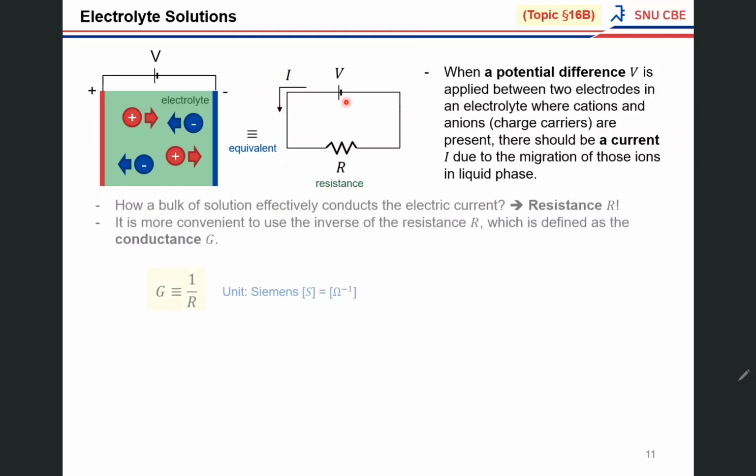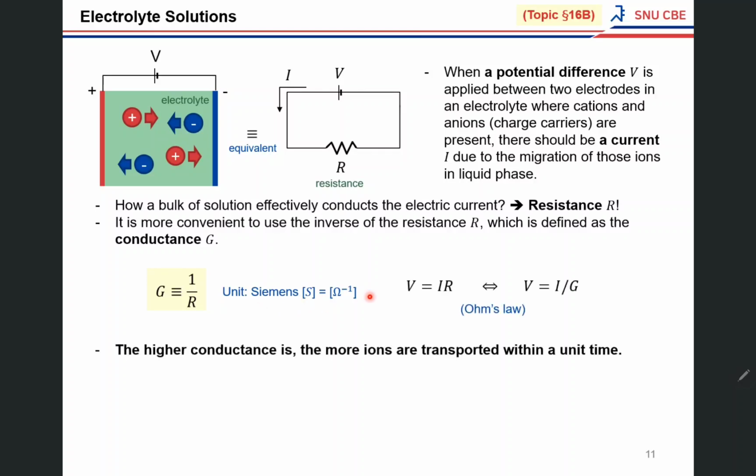The bulk of the solution has a property corresponding to electric resistance, denoted as large R. But it is more convenient to use the inverse of the resistance, which is defined as conductance, denoted as large G. The unit of G is the inverse of ohm, defined as Siemens, which is also part of the SI unit system.